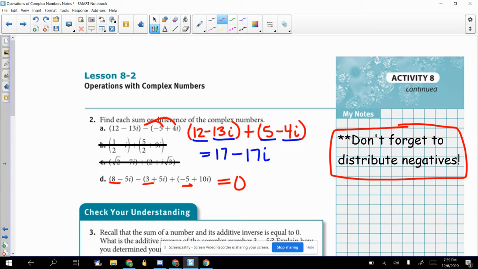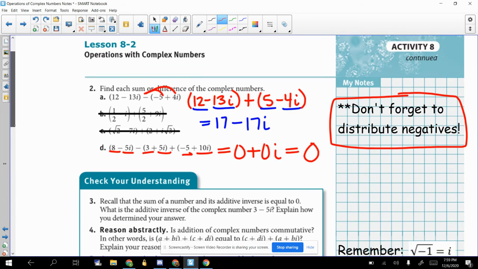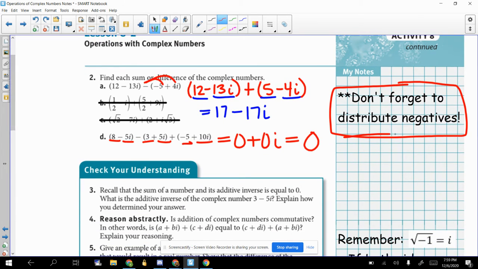And then go ahead and move on to the i's, or the imaginaries. Negative 5i minus 5i is negative 10i. And then plus 10i is 0i. So this is another one where it ends up being just 0, because everything canceled. All right. So basically the big thing is with adding, you're combining like terms. With subtracting, you have to distribute that negative and then combine like terms.